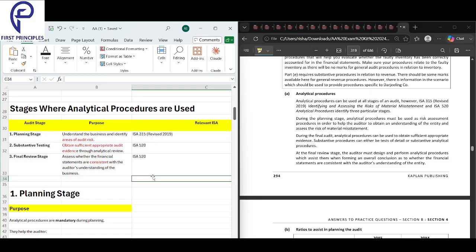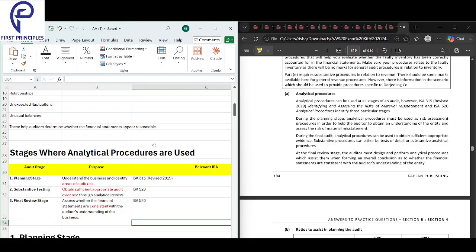In the final review stage, it is mainly used to ensure consistency. It is very helpful in all three stages.